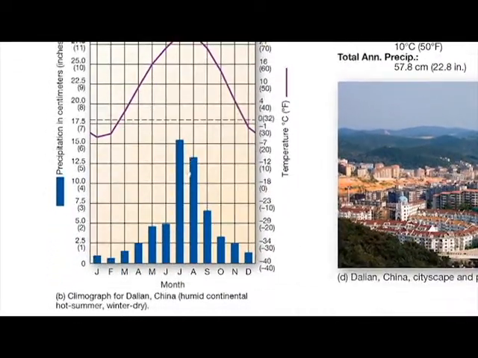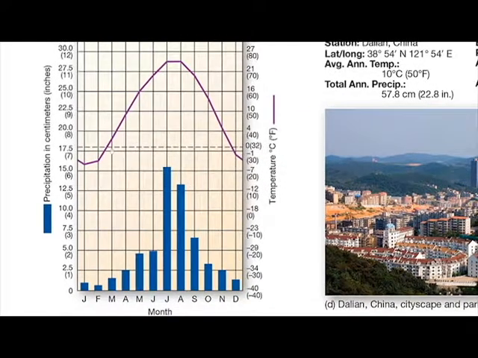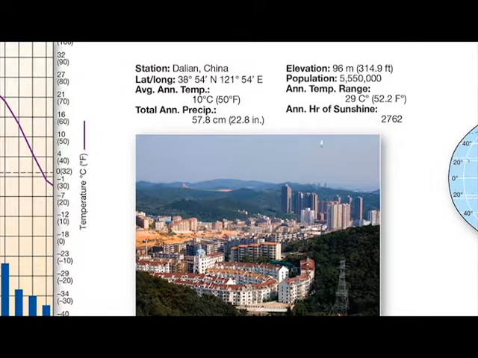You see the high precipitation during summertime. Now the same thing, more continental, you see temperature on average below the freezing point, and the temperature range in this area is about 52 degrees.